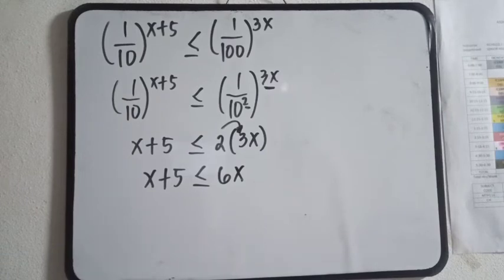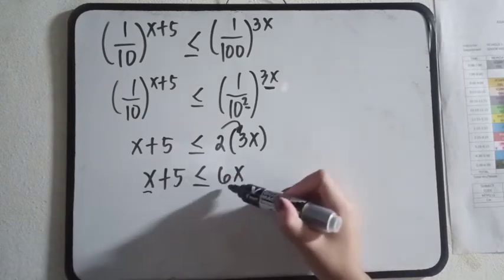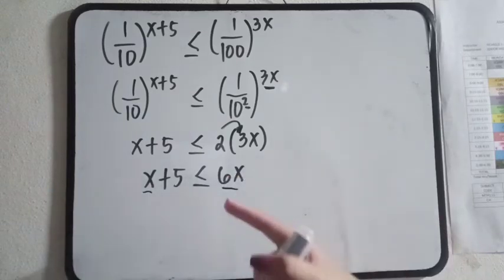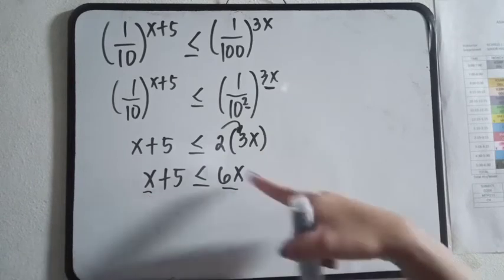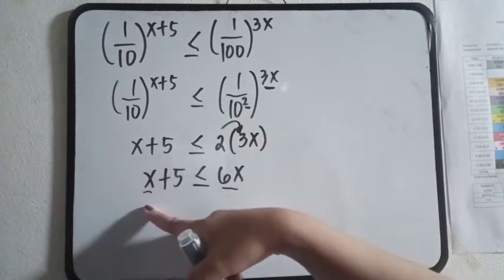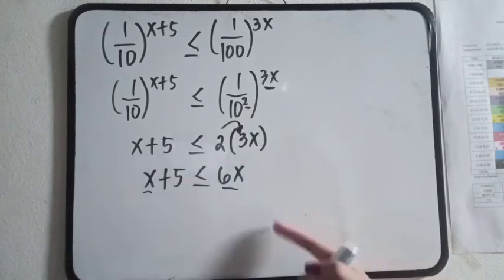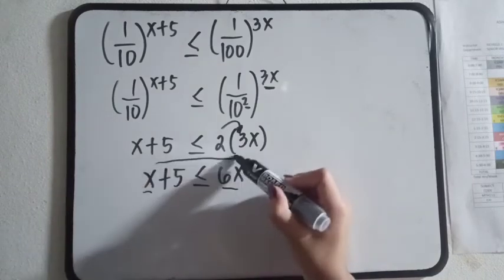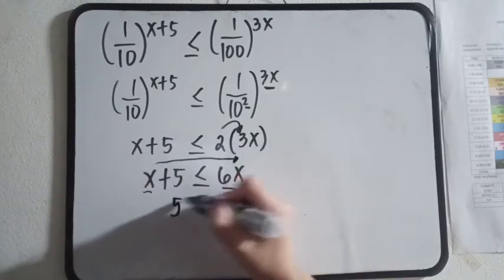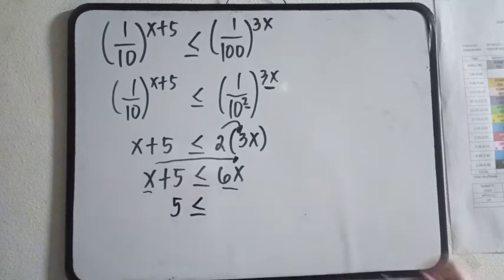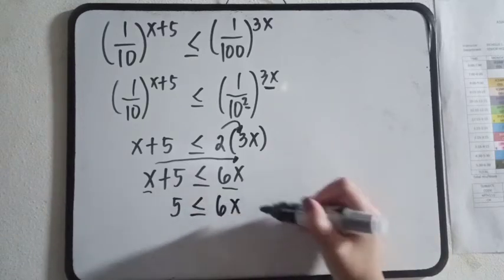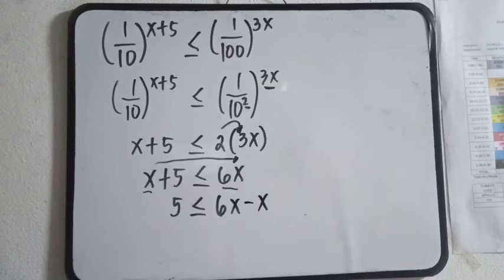Okay? So, next, combine like terms. So, pagsamahin natin si x tsaka si 6x. So, pwede natin ilipat si x dito or si 6x dito sa kabila. So, kahit alin lang doon. Okay, so dito, ilipat natin si x dito. Okay, so 5 is less than or equal to 6x minus x.